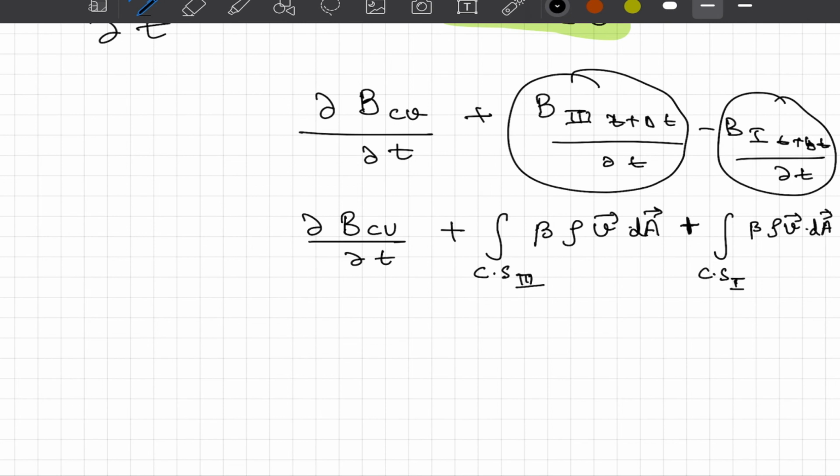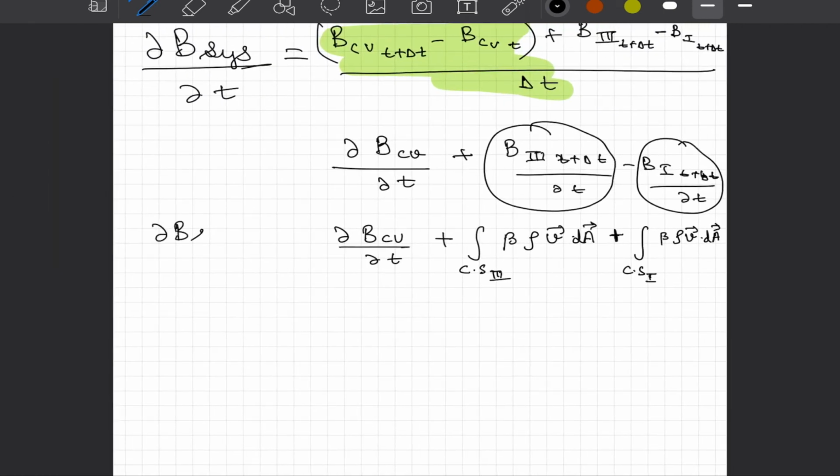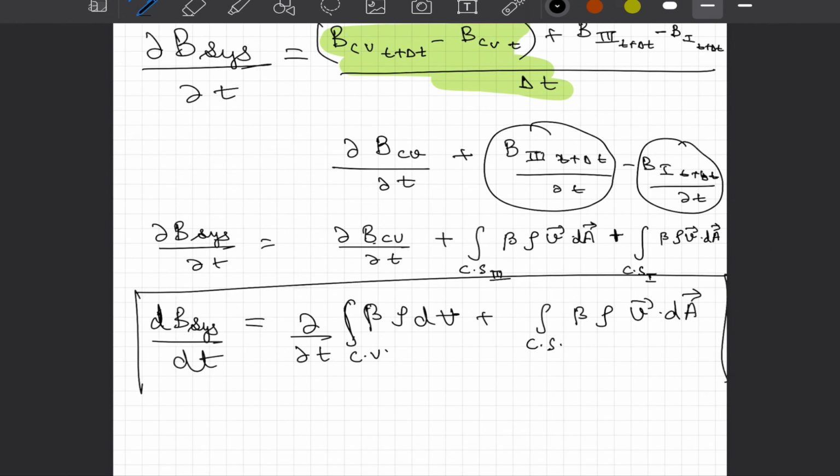And we can combine these two expressions here and say that del B system with respect to time is the rate of change of BCV with respect to time, the integral over the volume of the mass contained in this control volume, which is beta rho dV, plus the flow through the control surface, beta rho v dA, and this in turn is equal to the rate of change of extensive property happening in the system with respect to time.